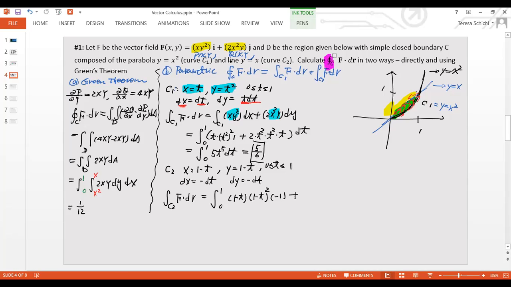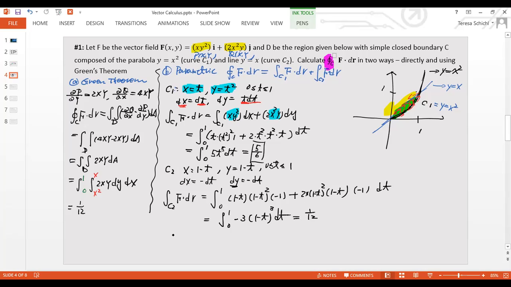Then plus 2x squared, so 2 times (1 minus t) squared, then 1 minus t, and dy/dt is negative 1. You change everything to t. If I combine this, the limits are 0 to 1, and this will be negative 3 times (1 minus t) cubed dt. Your integration is negative 3/4.